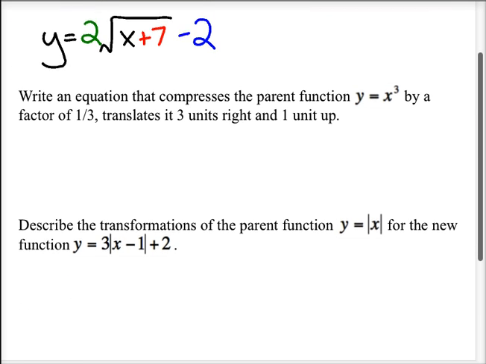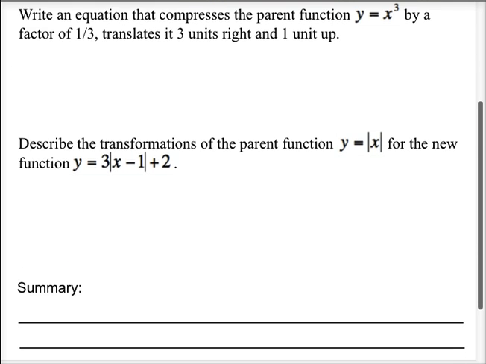Let's take a look at this next one. Write an equation that compresses the parent function by a factor of 1/3, translates 3 to the right, and 1 up. So again, my first focus is going to be that compression of 1/3. That compression, again, is going to present itself out front. And then I'm going to set up the rest of how my function should look.